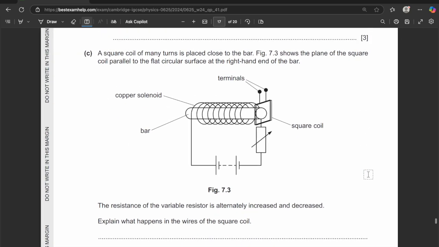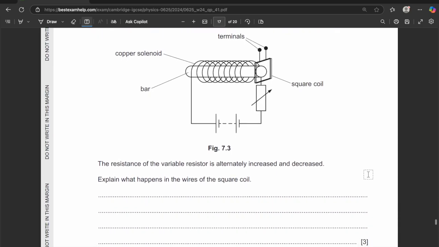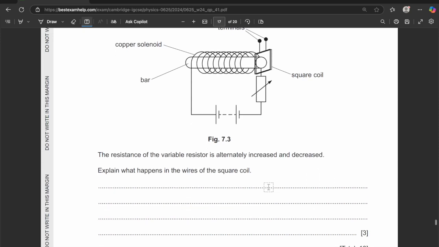C. A square coil of many turns is placed close to the bar. Figure 7.3 shows the plane of the square coil parallel to the flat circular surface at the right-hand end of the bar. The resistance of the variable resistor is alternately increased and decreased. Explain what happens in the wires of the square coil. Because the resistance is changing like that, there will be a change in current.